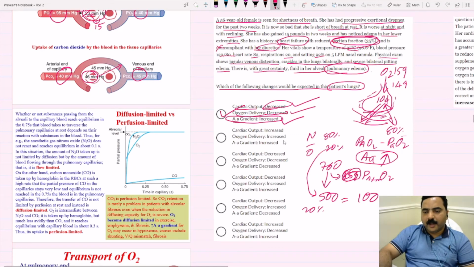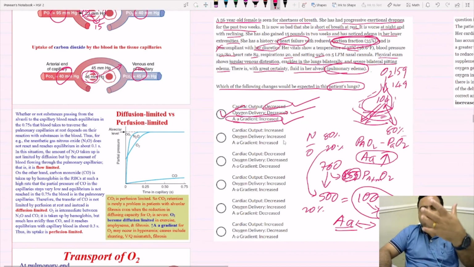So what happens to the alveolar oxygen? That is also dropped. Because of that drop, the arterial oxygen will also drop. But the difference between these two, the AA gradient, will be normal. So a drop in arterial oxygen with a normal AA gradient indicates a problem in the atmospheric oxygen, or a lack of oxygen coming into the lungs.